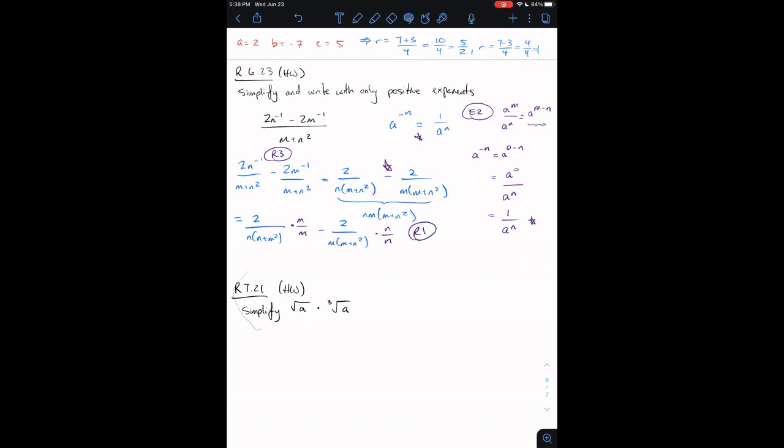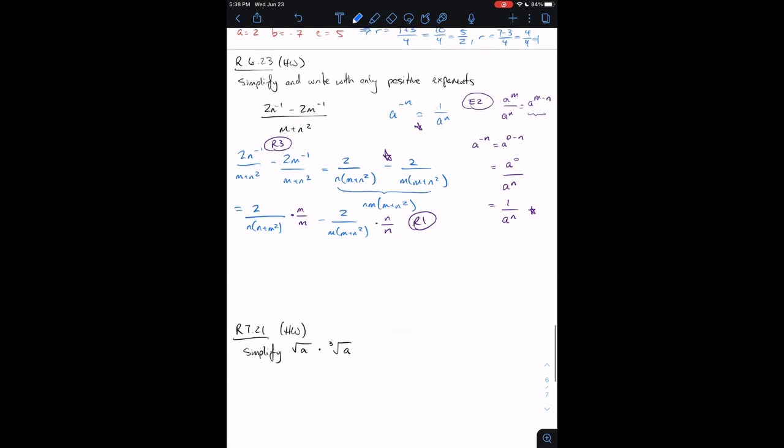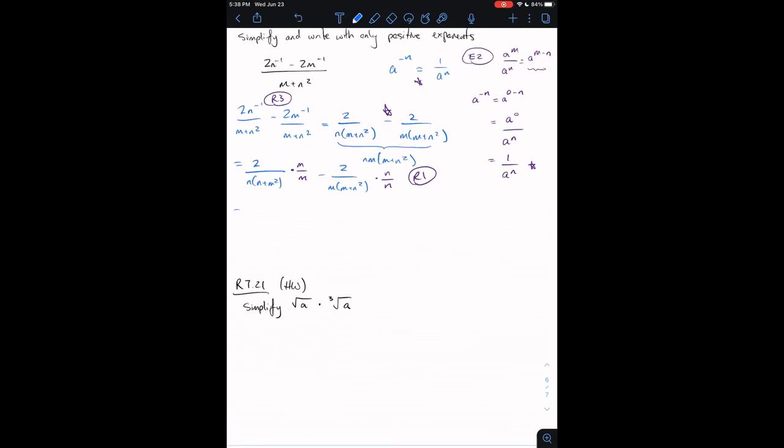So we're going to scoot this down, give us a little room. Okay, cool. So what that means is now I have 2m over nm(n + m)^2 minus 2n over nm(n + m)^2. So I have the same denominator, which means I can bring it together.